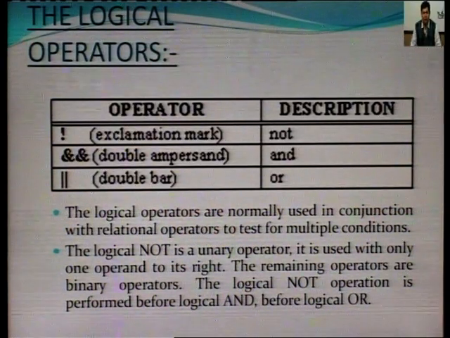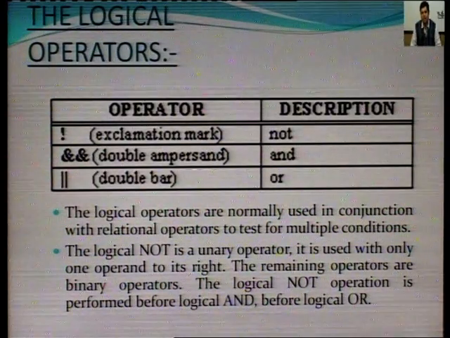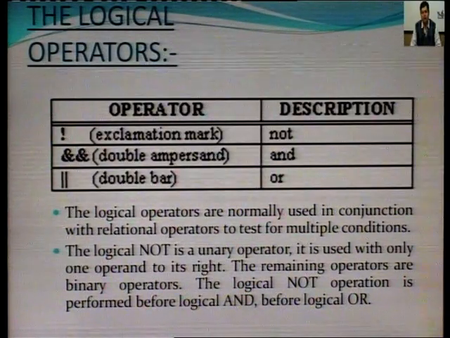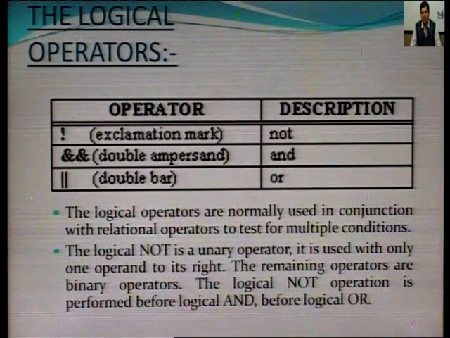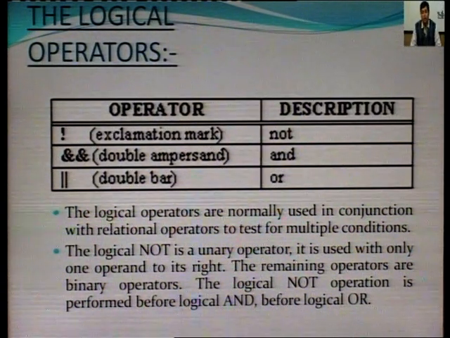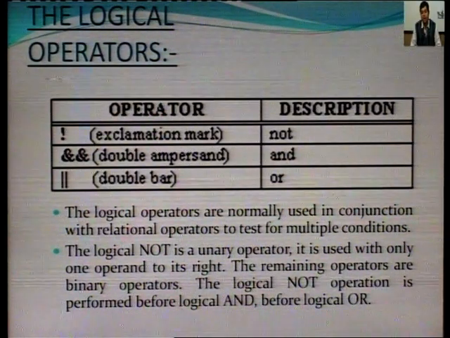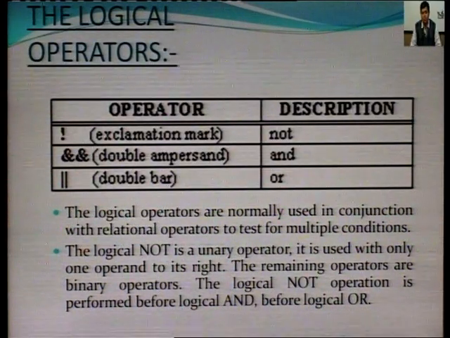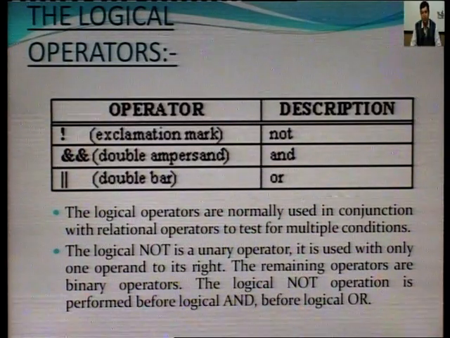Already we described some relational operators, and these are the logical operators, and we can use them in combination for multiple conditions. Now logical NOT is a unary operator, and it is used with only one operand on the right, and the remaining operators are binary operators. The logical NOT operation is performed before logical AND or logical OR.